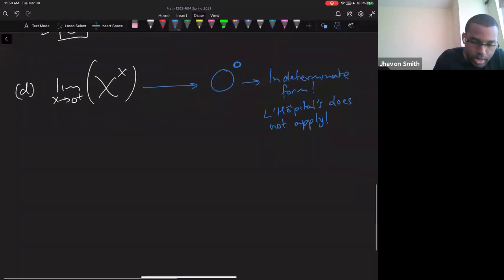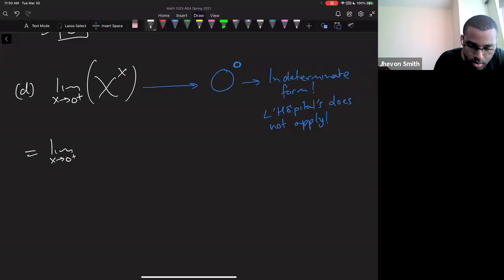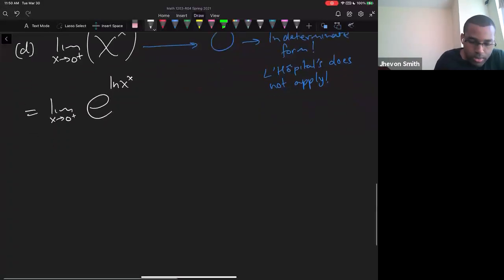So I would say this is e to the ln of x to the x. See, I can do that because my x's are positive. This is the same as the limit of e to the x ln x.